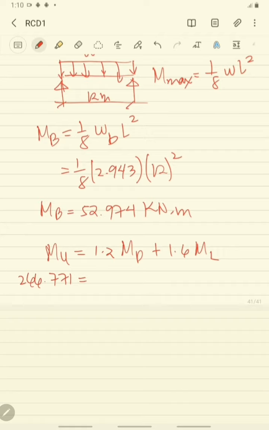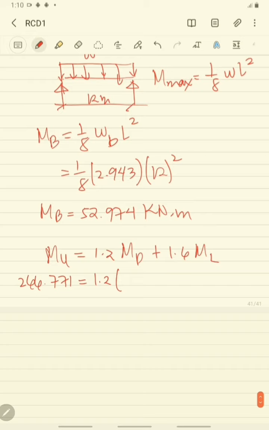So 266.771 is equal to 1.2 times the moment of the dead load, which is the moment of the beam, 52.974, plus 1.6 times the moment due to live load.